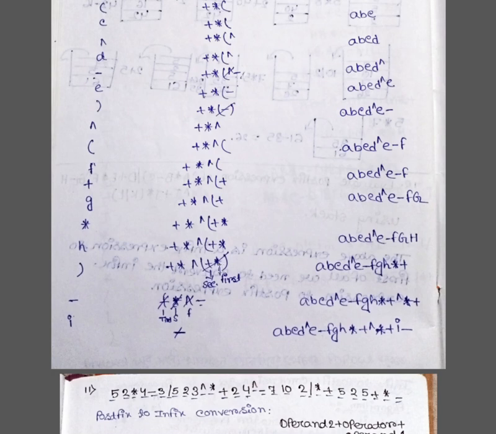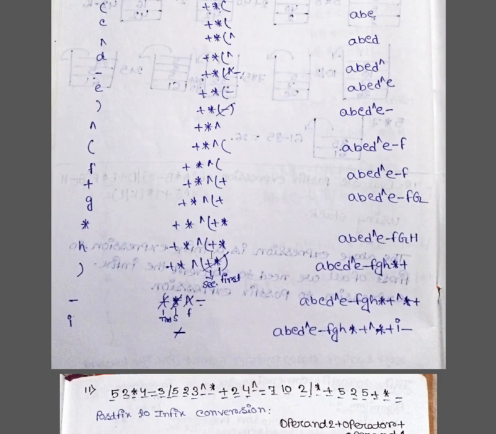Multiplication operator has a higher precedence level than this plus operator, this addition operator. So this is the first and this is the second, and also the bracket is closed. So we have to pop out, and this came first and this came second.